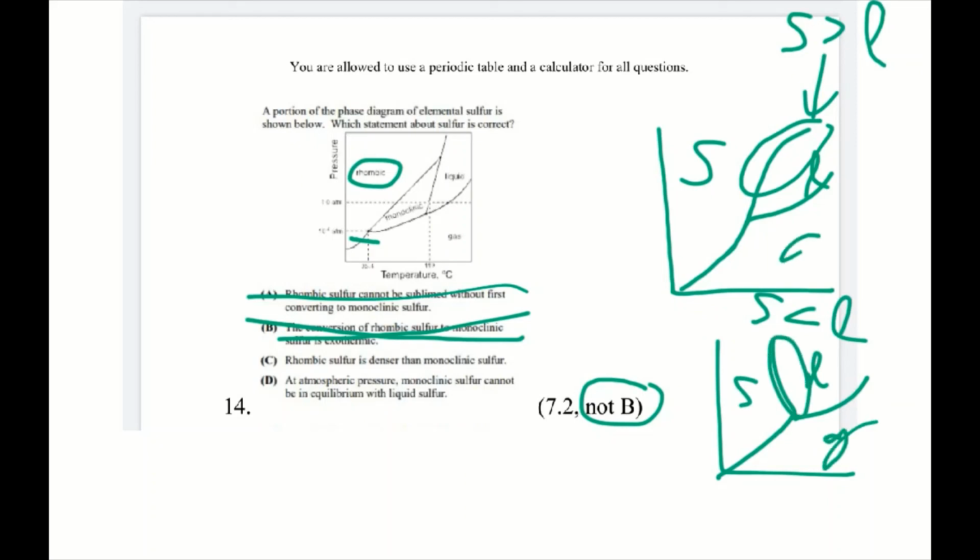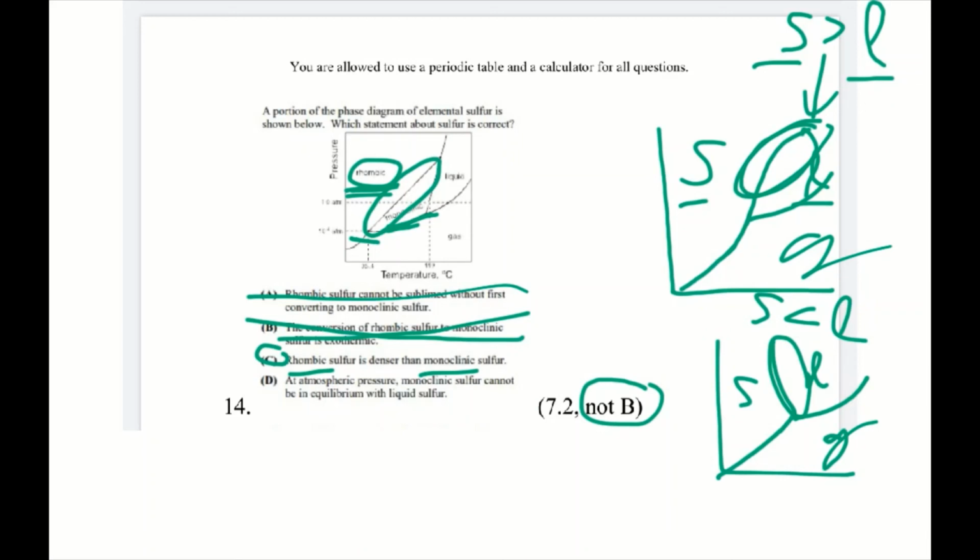Let's label the gas there. In this diagram, we have to compare rhombic and monoclinic, and the boundary between rhombic and monoclinic is positive. Just like how this is positive if solid is more dense than liquid, as here and here, that means rhombic must be more dense than monoclinic, as shown here and here.